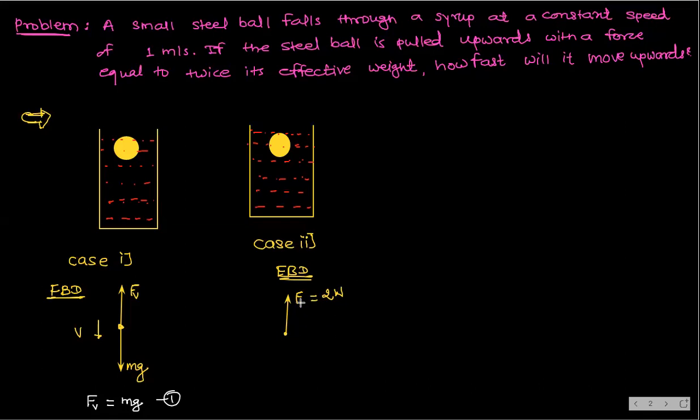As it is coming up, you will again have a viscous force in the opposite direction. Now the ball is moving up, so the viscous force is in the downward direction, Fv. One more force in the downward direction is its weight. Is that clear?